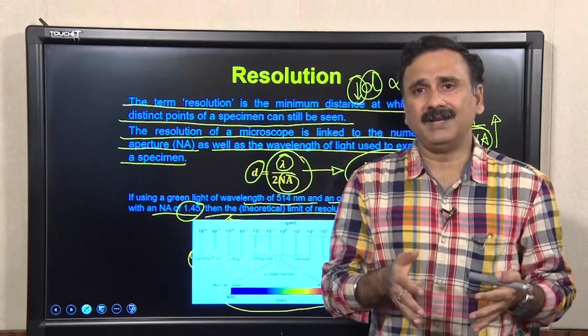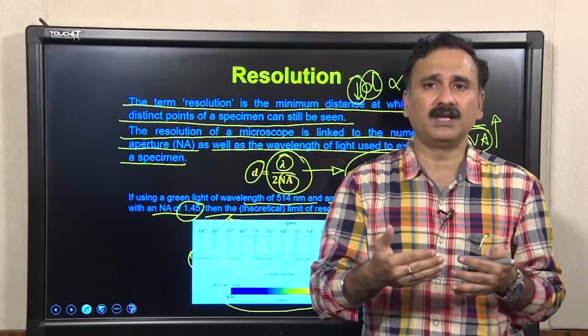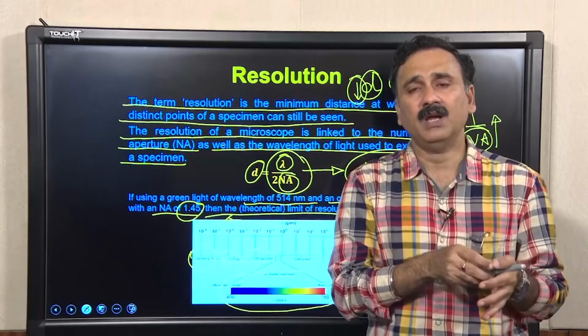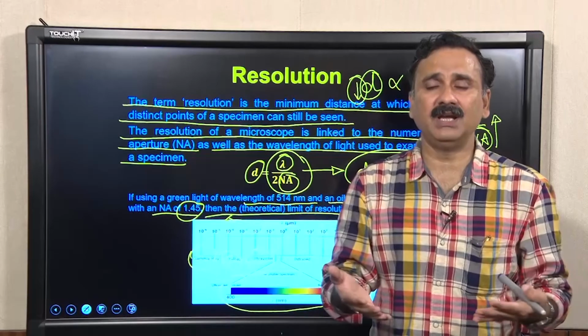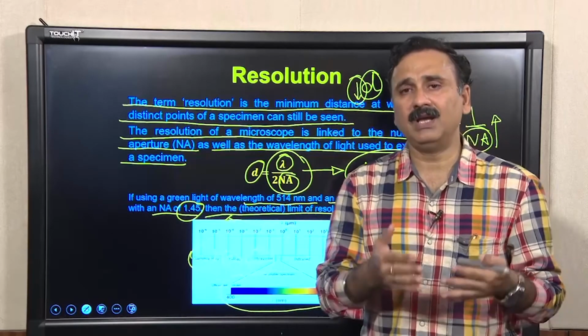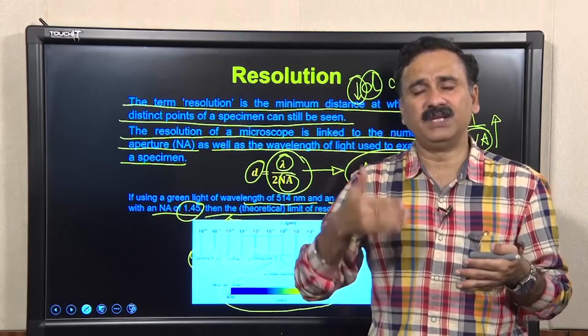The only problem is that when you decrease lambda, you reach a region which is not visibly active, which means it is not perceived directly by the human eye, and that is why you require an intervention so that you can perceive the signal.